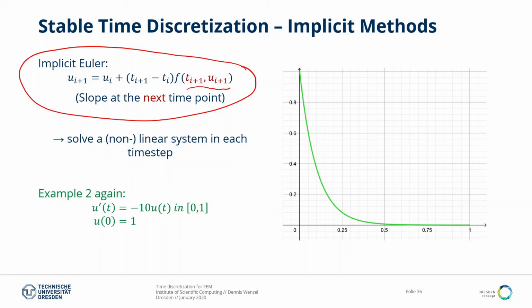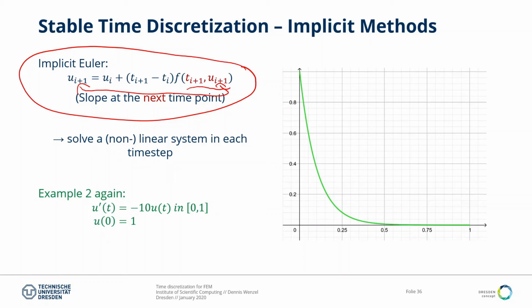So that's the slope of the function at the next time point. Of course, you see immediately why this is problematic. Well, you have on your right-hand side a dependence on the thing that you want to compute. So it's nothing you can just write down.